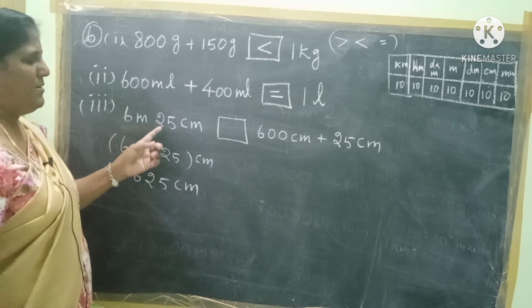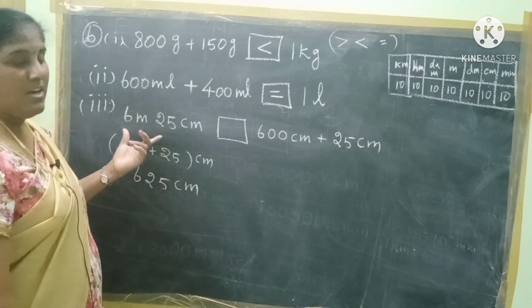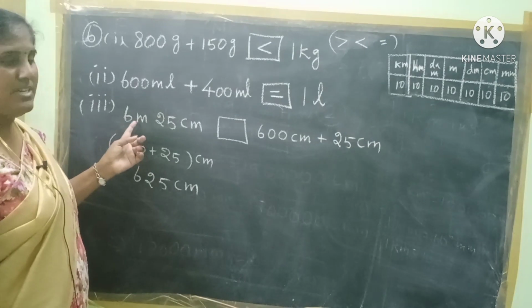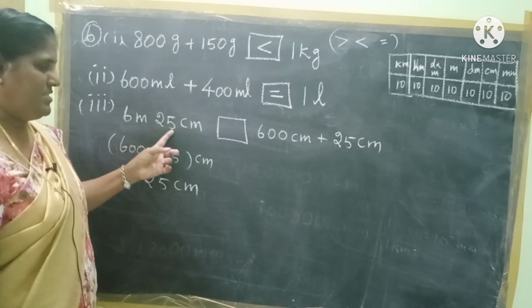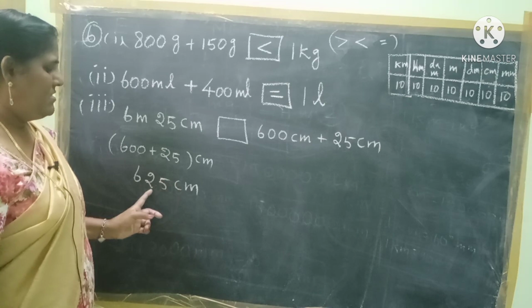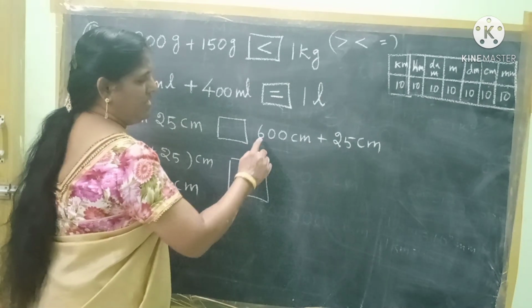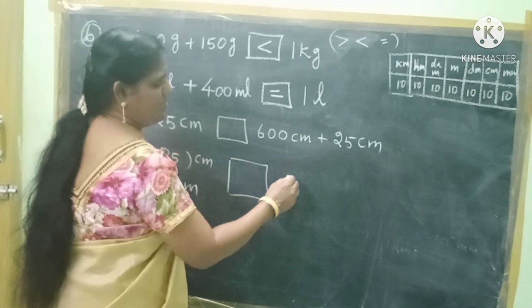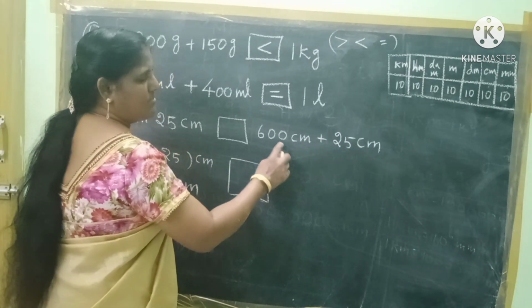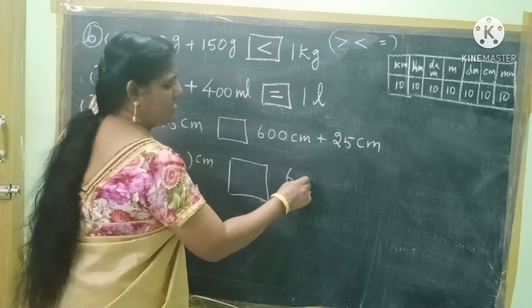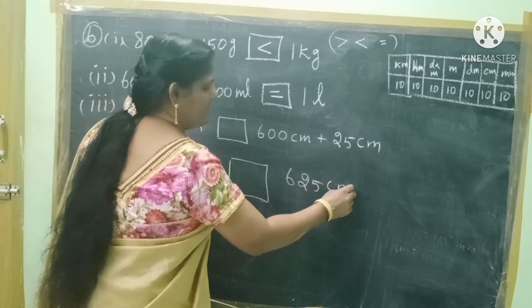Okay, 6 meter means 600 centimeter plus 25 centimeter. If we add it, 625 centimeter. On this side, 600 centimeter, 25 centimeter are given, so these two units are the same. So 600 plus 25 is 625 centimeter.